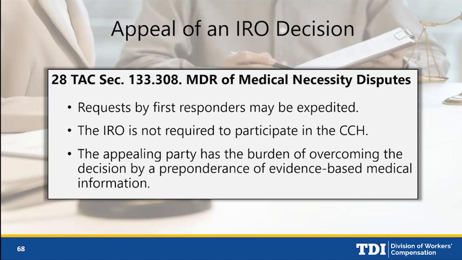So you need to overcome it with a greater weight of evidence that's based on medical information. This is another chance to prove your case, but you see how it's becoming more and more difficult with each step. So doing it right that first time is going to be the best thing you can do for yourself and the injured employee.